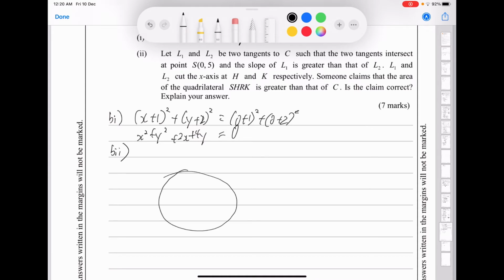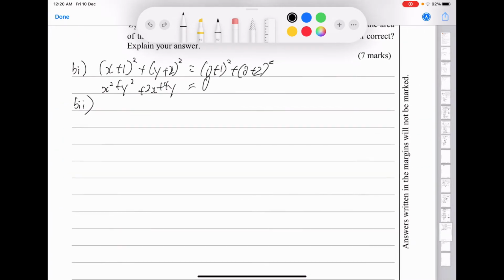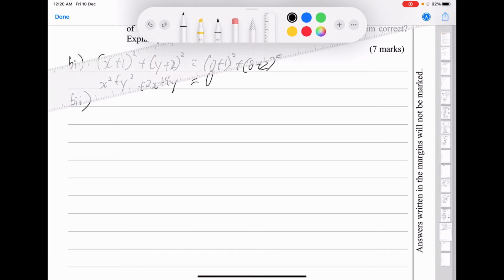Draw the circle first. And then it's still not perfect. Okay. So maybe just use a ruler.